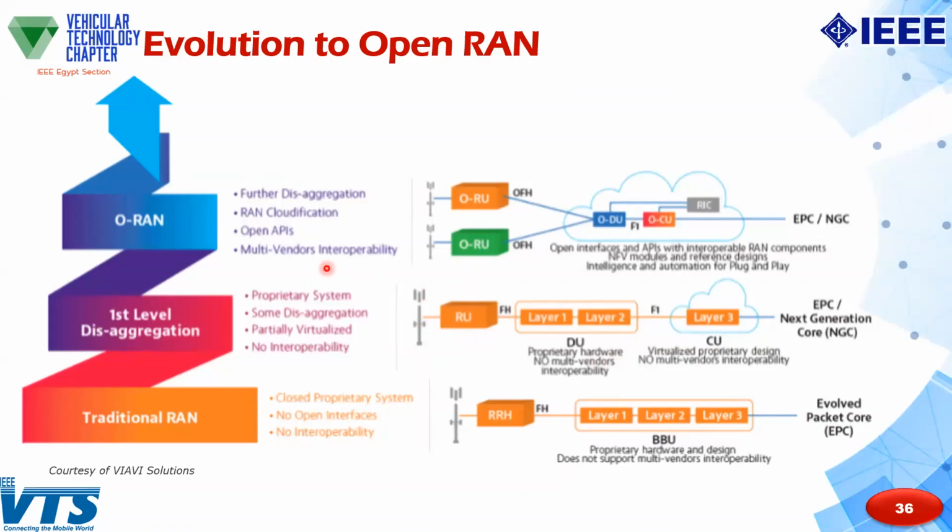In Open RAN, all systems are different, and we are not stuck with a certain vendor or certain technique. So we can use different ORUs, open radio units, independent of the type or model of the BBU. So this is the introduction of Open RAN.